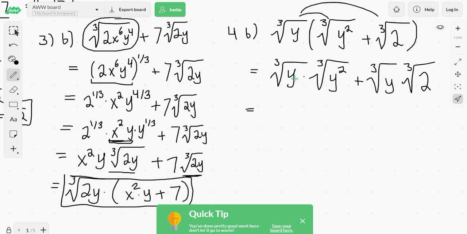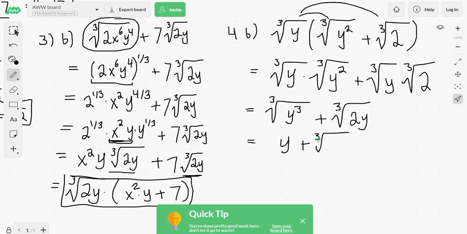So we multiply the insides together and we get the cube root of y cubed. Multiply those radicands, and here we multiply on the inside as well, and we get the cube root of 2y. And of course the cube root of y cubed is just y. The cube root and the cube cancel each other out. So that's 4b.